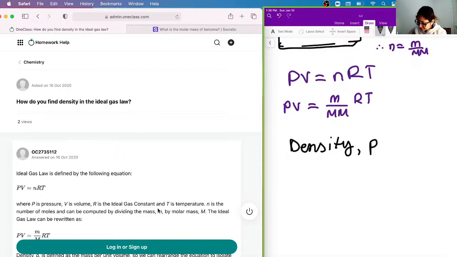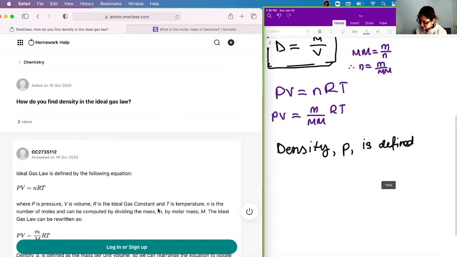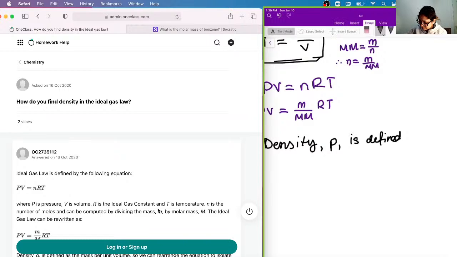Okay, so this is, as I said, defined as mass per unit volume, right?